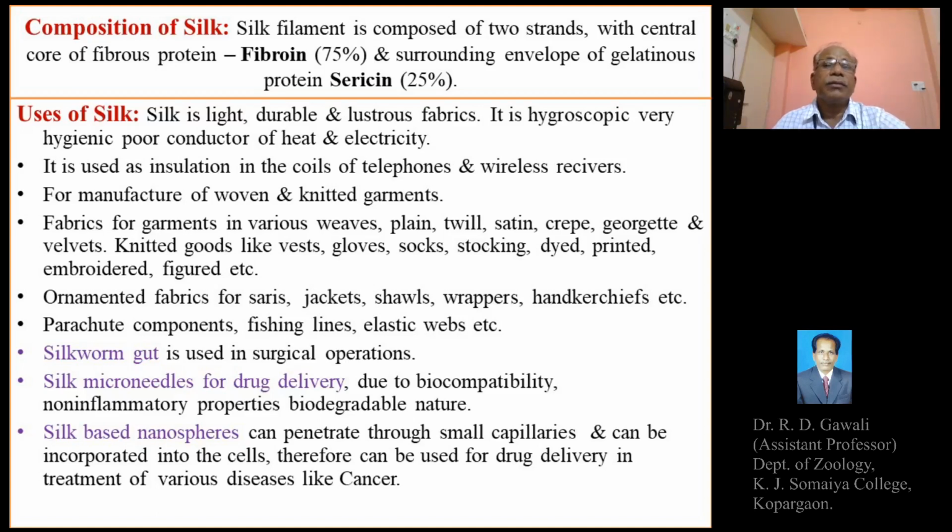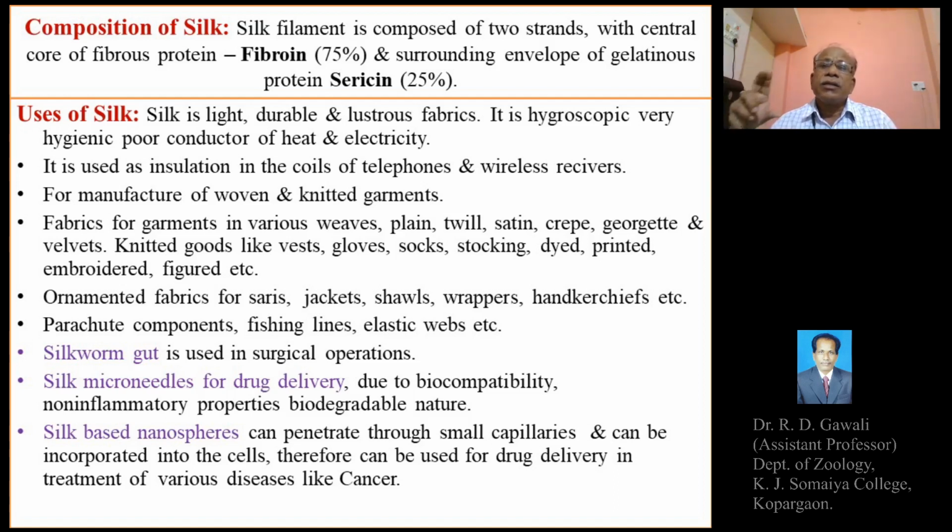Hello friends, last time we have explained about the post-harvest processing of the cocoons. In post-harvest processing of the cocoons, there are several steps. The first step is cocoon drying, then cocoon cooking or boiling, then reeling and re-reeling of the silk, finishing, testing.